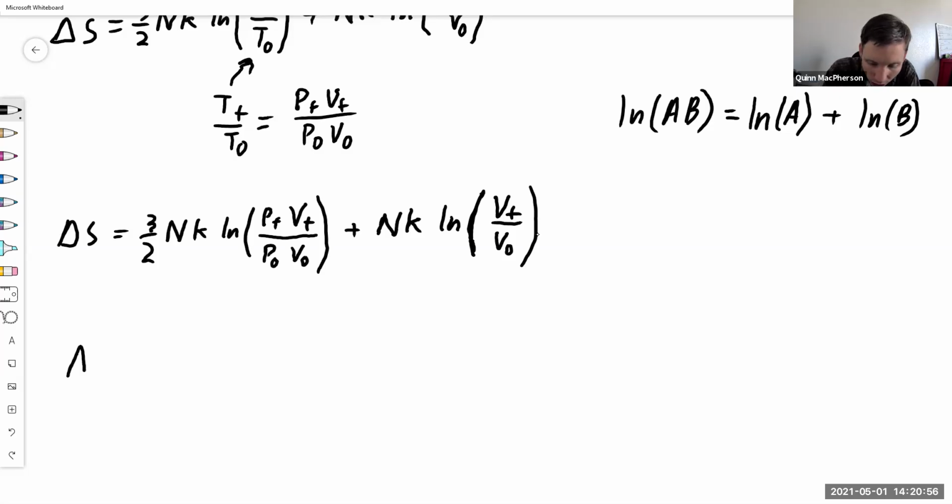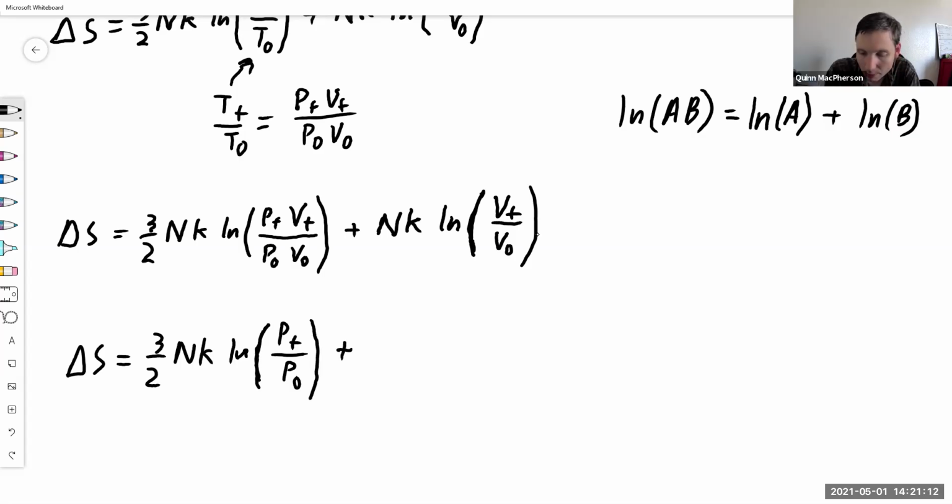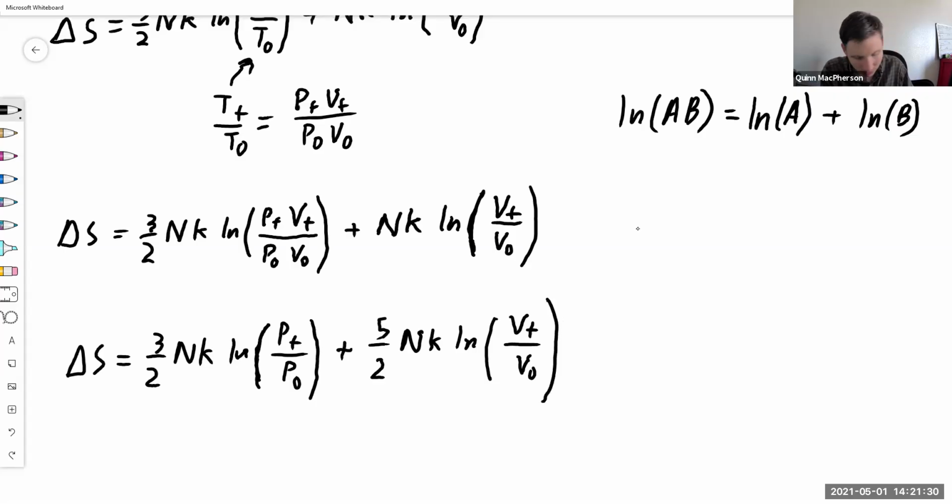So we can also write this as 3/2 nk ln of p final over p initial plus 5/2 nk ln of v final over v initial. So that's another way of doing this.